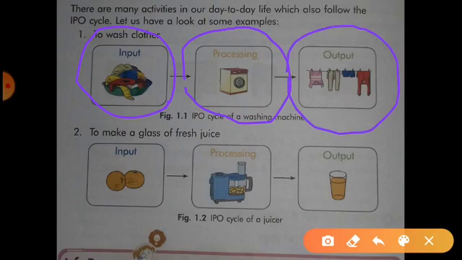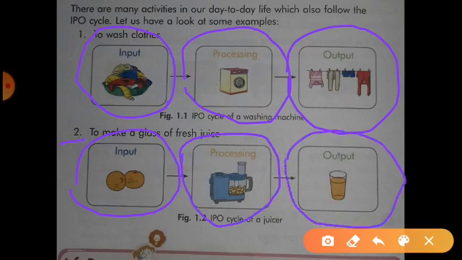Like this. Second example is to make a glass of fresh juice. We give input, then the juicer will process it, and then after that will give a result as juice.